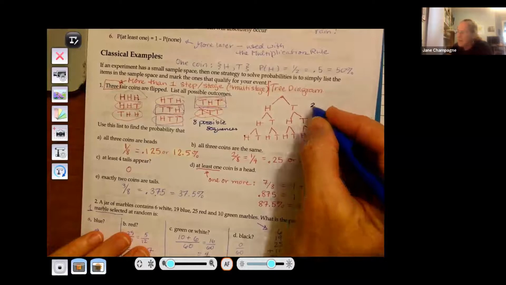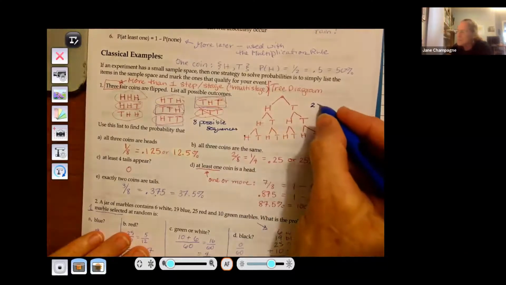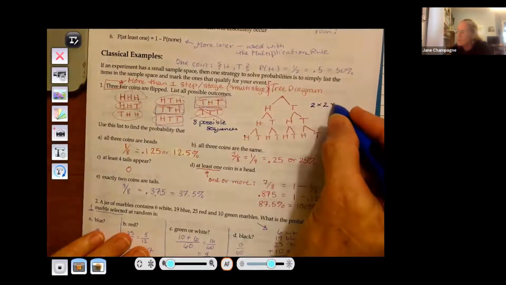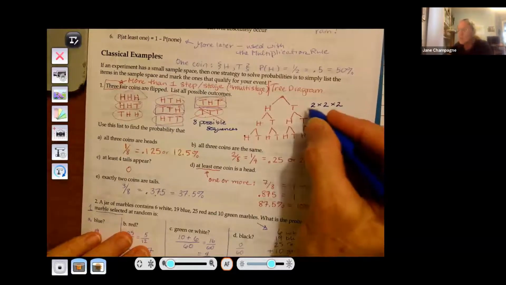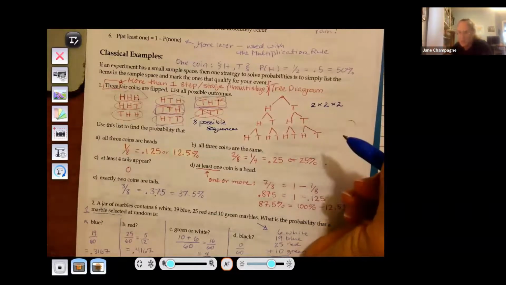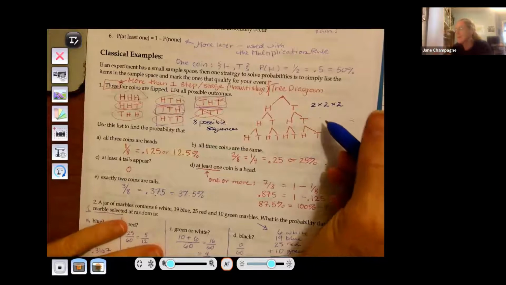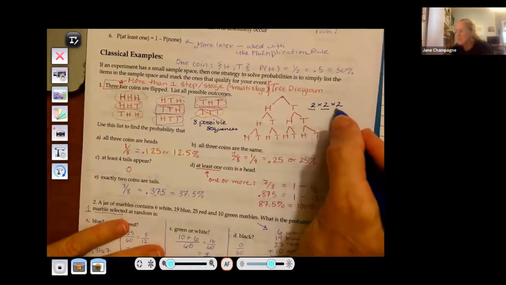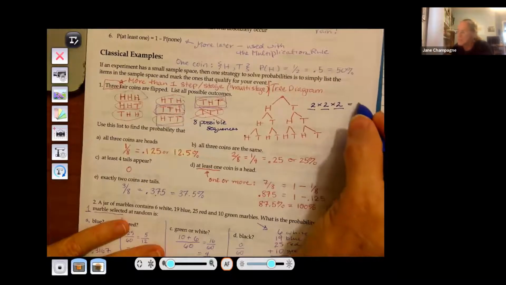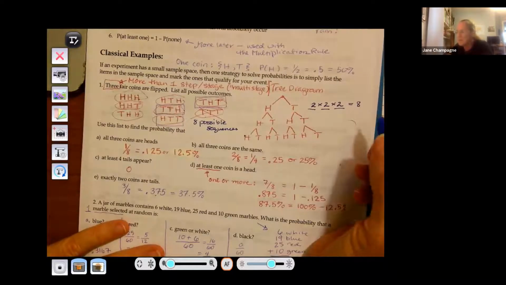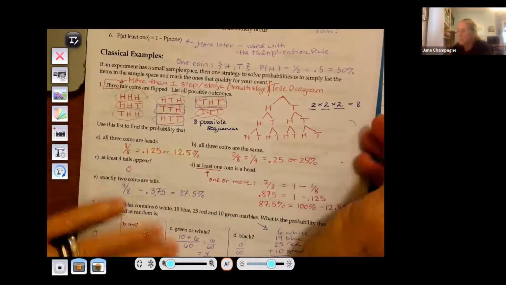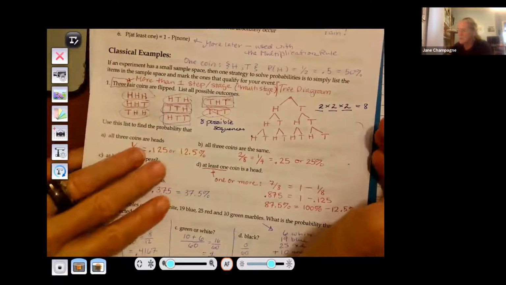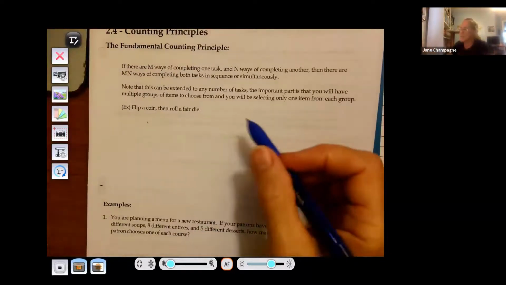And in fact, that 8 possible sequences comes from the fact that there are 2 choices or ways each coin can land, and you're tossing 3 coins. So 2 times 2 times 2 gives you the possible ways or sequences for those 3 tosses. So that's kind of what's going on here too.